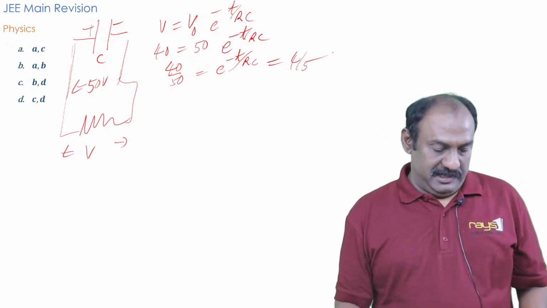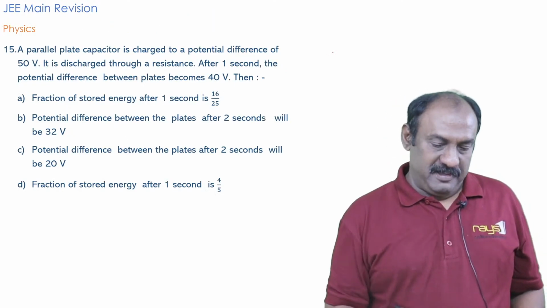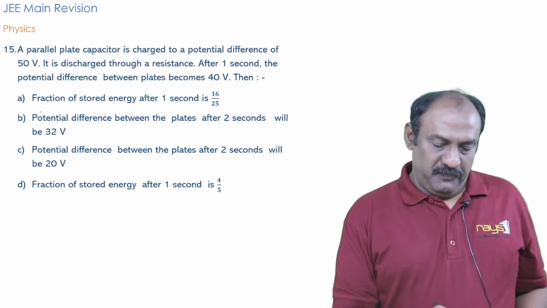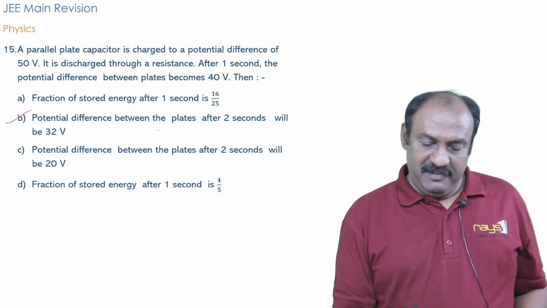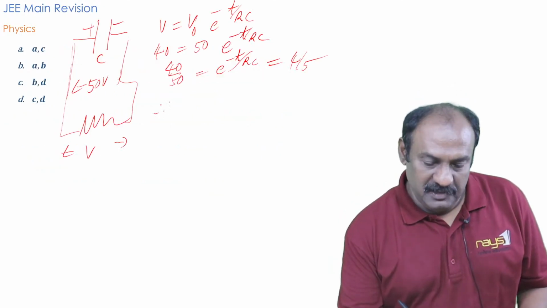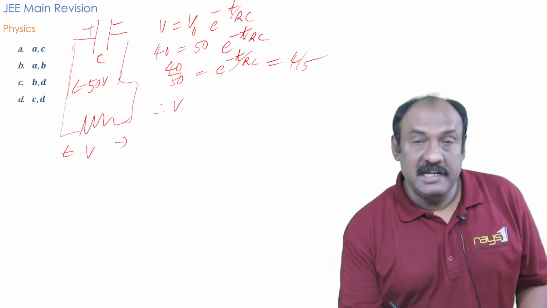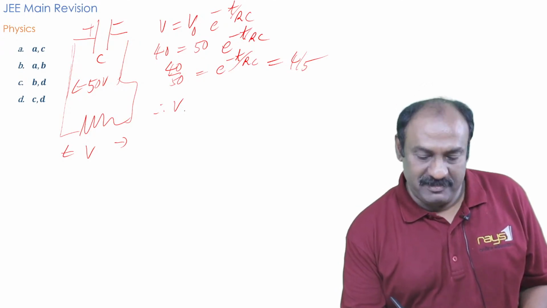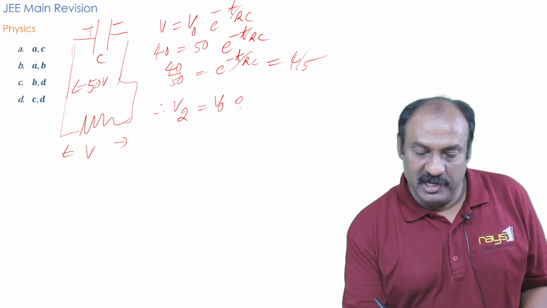Now, what we want? See the options here. The potential difference between the plates after 2 seconds will be 32 volts. So, what is the potential difference between the plates of the capacitor after 2 seconds? That is V naught into e to the power minus 2 by RC.